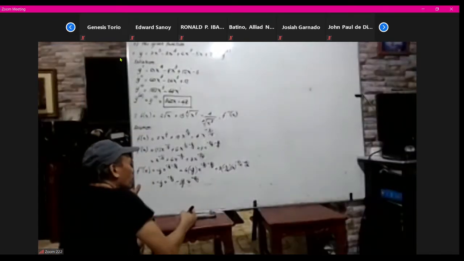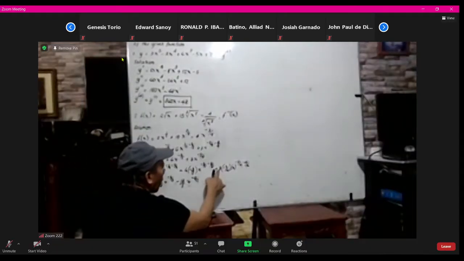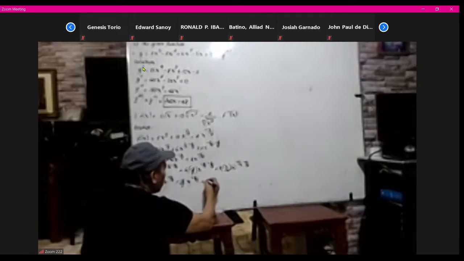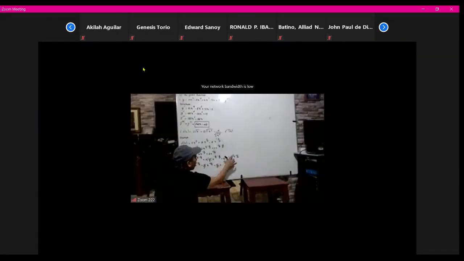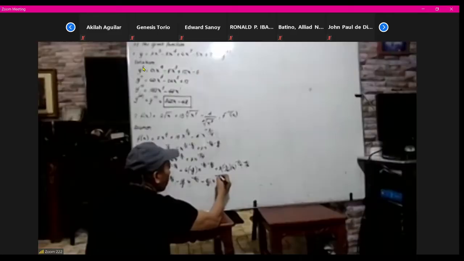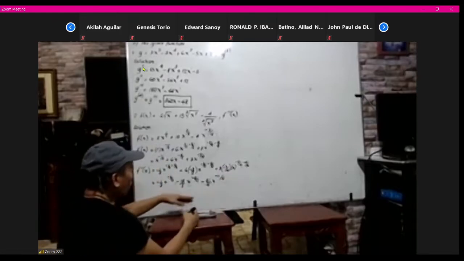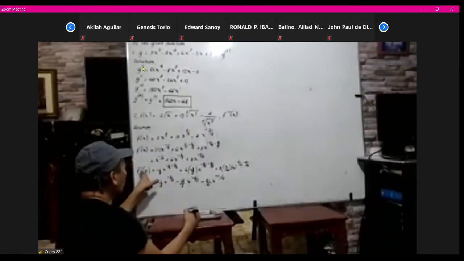Okay? Then ito, 3 times negative 7, negative 21 over 4. Then x, negative 7 minus 4, negative 11 over 4. Okay. So, hayaan muna natin yan kasi nasa derivative pa lang tayo.